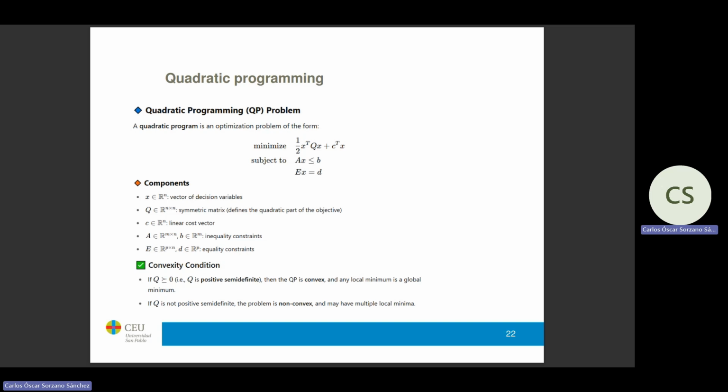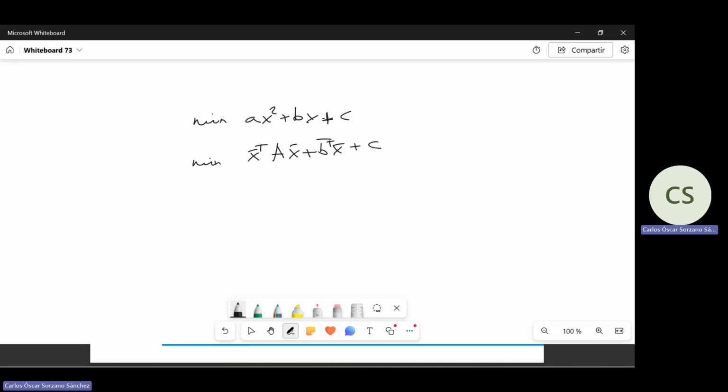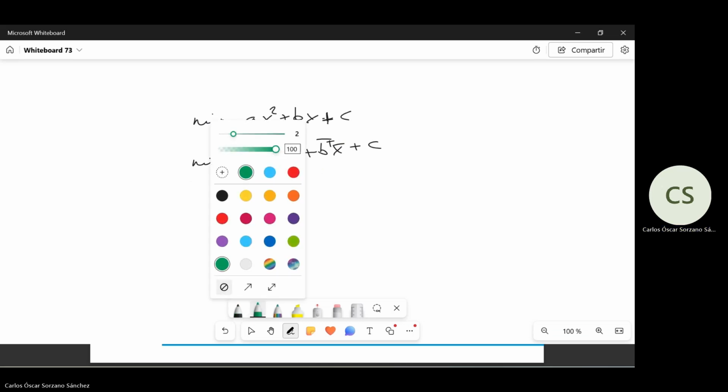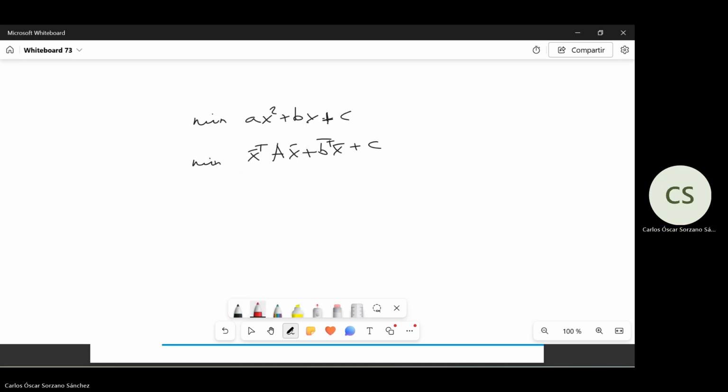Actually, why don't we have the constant? Here I have omitted this constant. Why don't we have this constant? Does it change anything if we add the constant or not? So think of this.